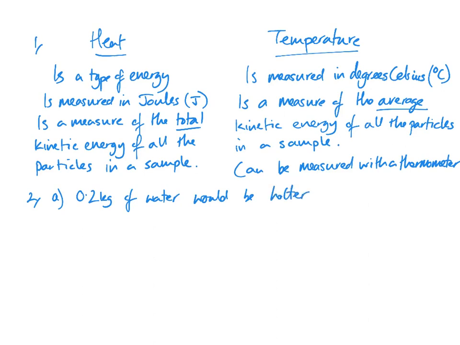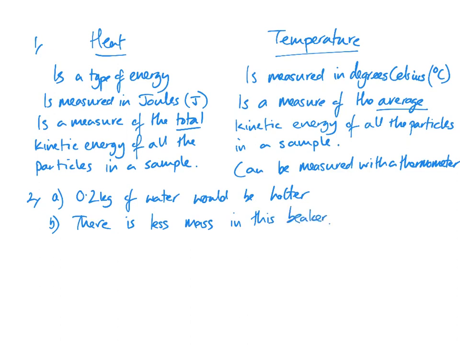So they've both had the same total energy supplied, so the same heat supplied, but in B you could answer quite simply and just say there's less mass in this beaker.